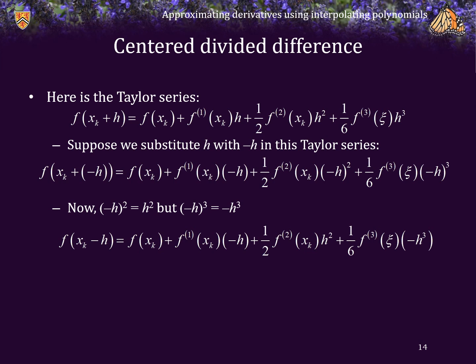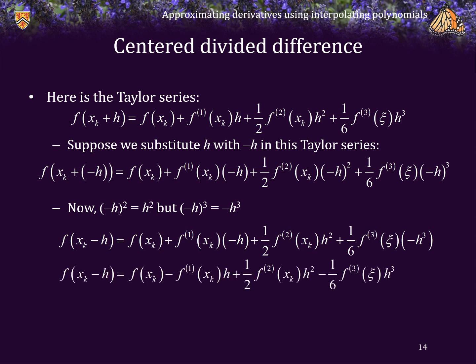Negative h all cubed is negative h cubed. So substituting these into that previous expression, we have this expression here. And expanding that, we have almost the same Taylor series, except every second coefficient is negated.